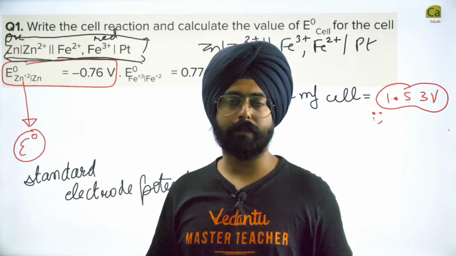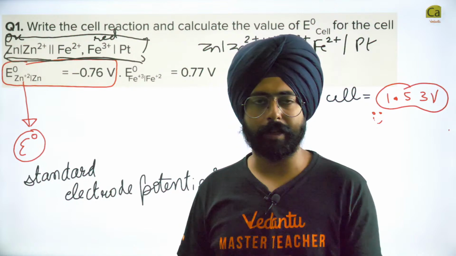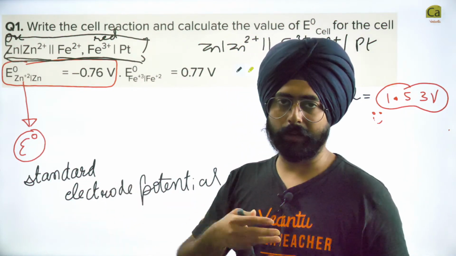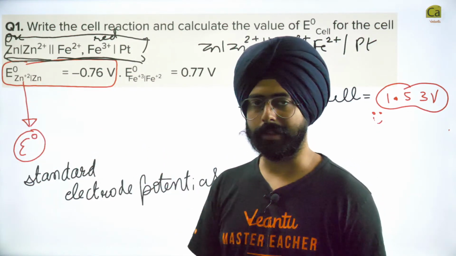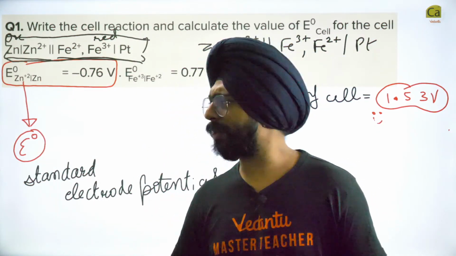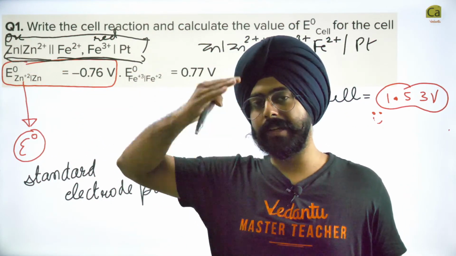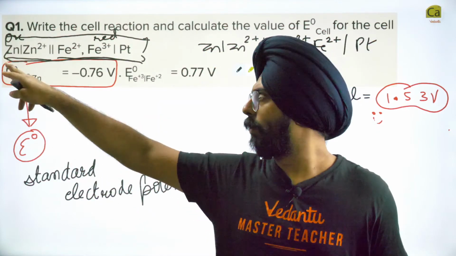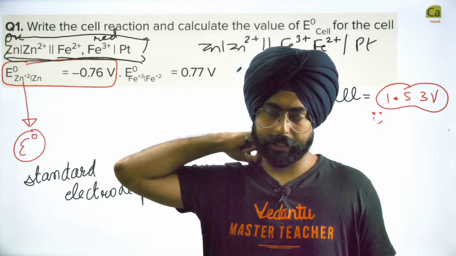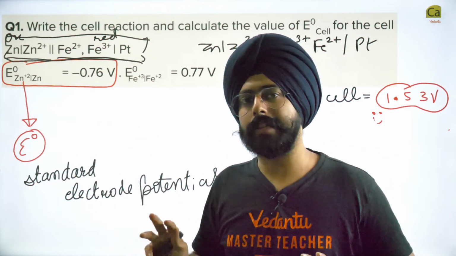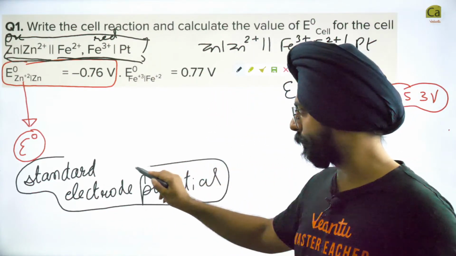You don't need to take a fixed amount of zinc, because in equilibrium reactions, if something is a solid, you don't really count its concentration. So zinc, take as much as you like, but once you take standard amounts of everything under standard conditions of temperature and pressure, 1 mole of zinc 2 positive, hydrogen electrode maybe 1 mole of H positive, etc., then you get this standard electrode potential.